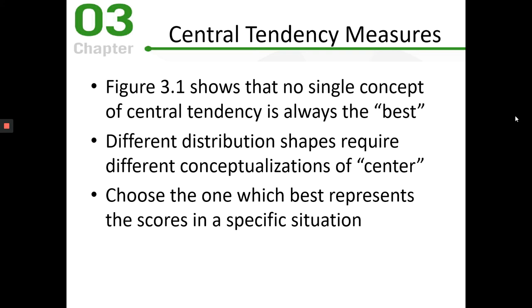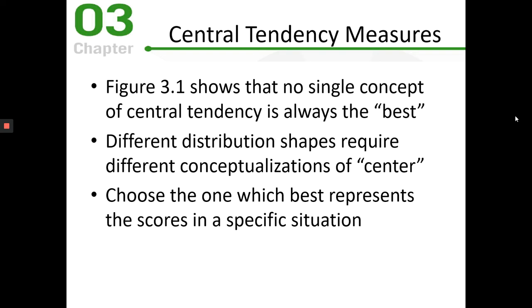We have 3 different measures of central tendency, and each of them is useful for different distributions. It says distribution shape. By shapes, we mean normal curve. You could have a negative or positive skew, or we could have something weird like a bimodal one, which we just looked at in the lower right-hand side.